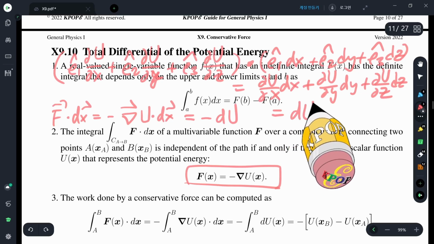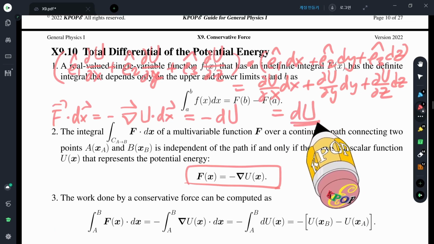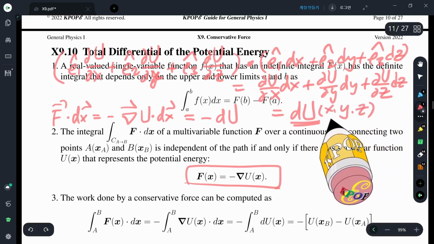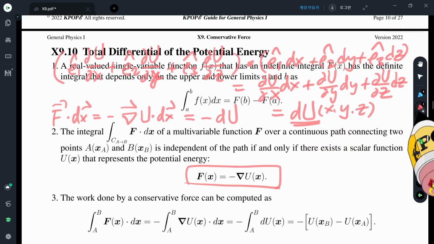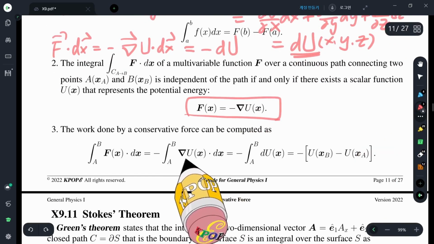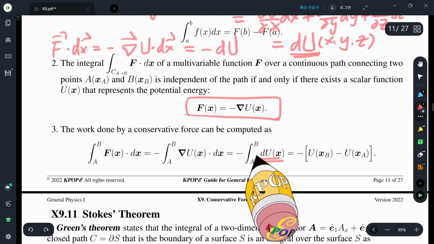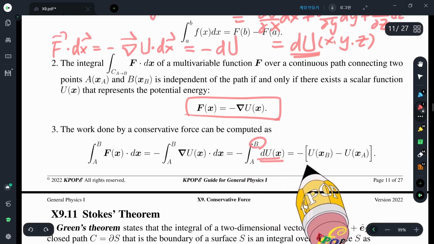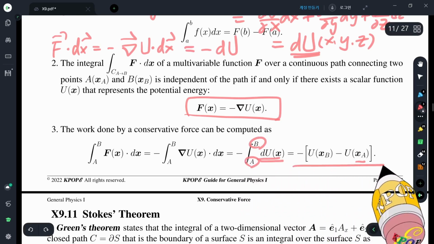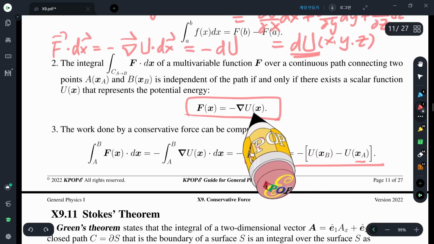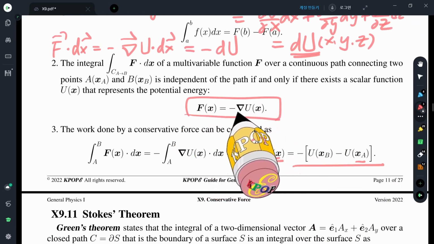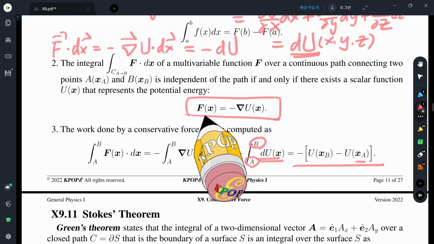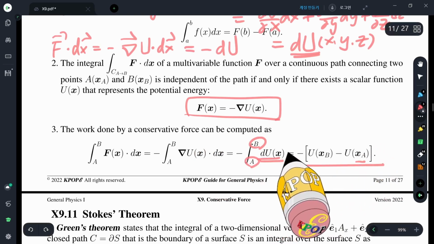And this is the total differential, as long as x, y, z are a complete set of independent variables determining the potential energy. As a result, this one shows it is just already integrated. The answer is U at b minus U at a, substituting the position at b and the position at a. That's it. That's the reason why if the force is expressed in terms of the gradient of a potential function, then that force is also conservative, independent of the path.